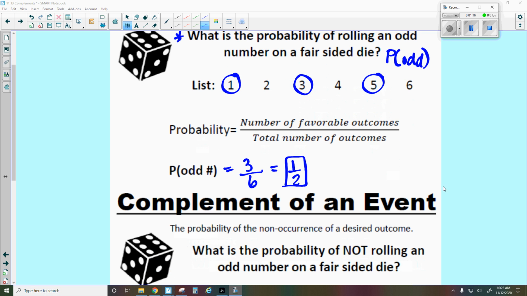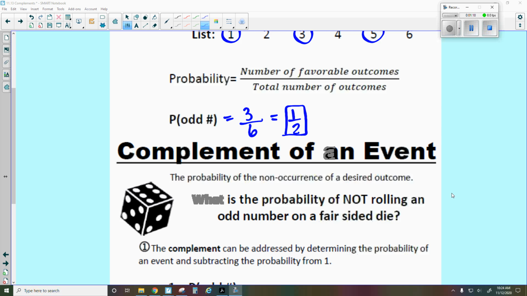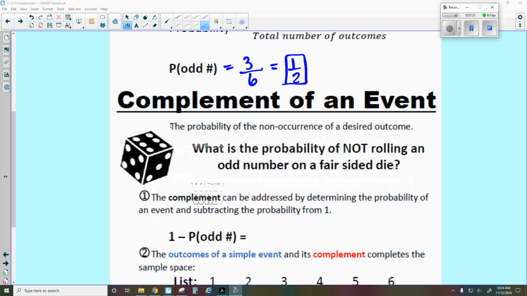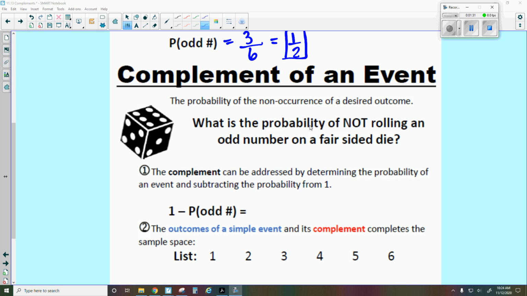All right, so what is a complement of an event? It is the probability of a non-occurrence of a desired outcome. It's what you don't want. So here's an example. What is the probability of not rolling an odd number on a fair six-sided die?